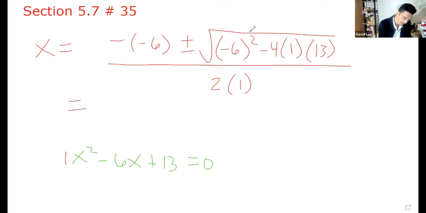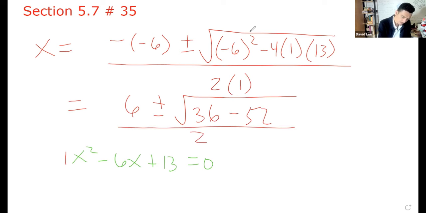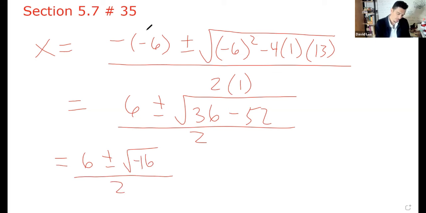And this would be 6 plus or minus the square root of 36 minus 52 over 2. And if we get rid of this here, this will be 6 plus or minus the square root of -16 over 2.